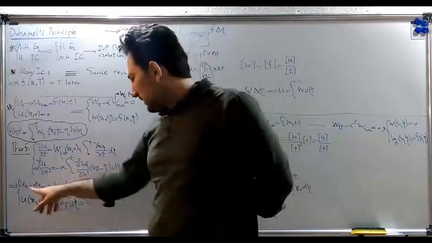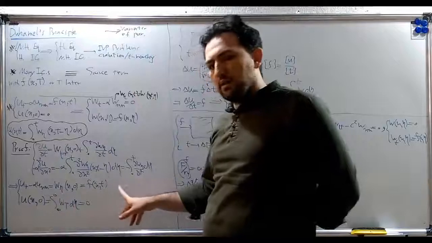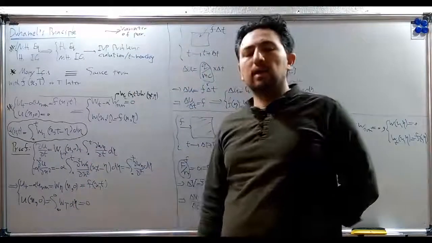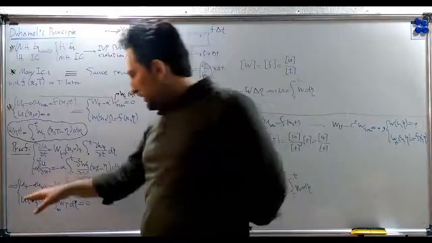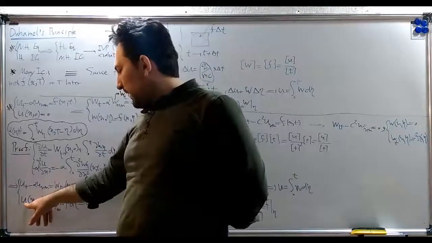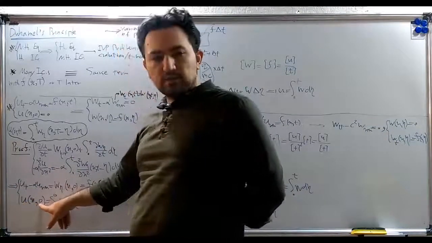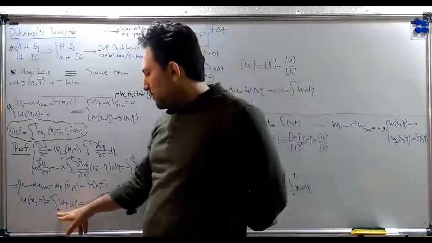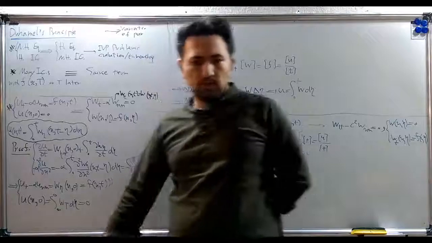So the right side of this equation will be f of x and t. And also check the initial condition: the value of u at time t equals 0 equals the integration from 0 to 0, which is obviously 0.